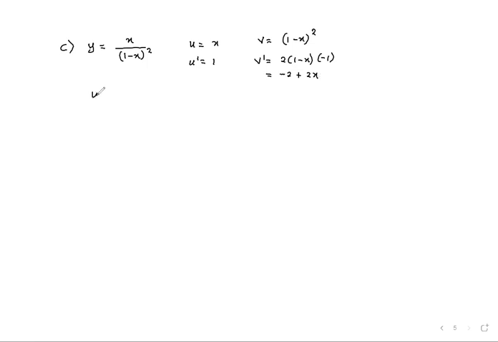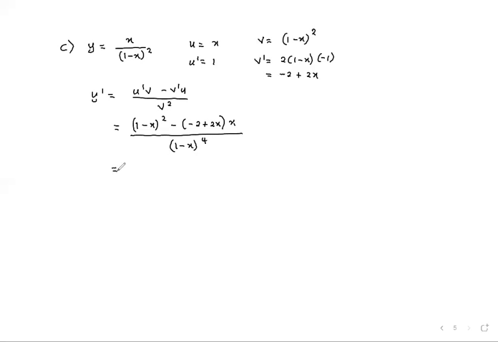So the first derivative is going to be u prime v minus v prime u over v squared. So we have u prime 1, v 1 minus x squared, minus v prime negative 2 plus 2x, u x, everything over 1 minus x to the power 4.